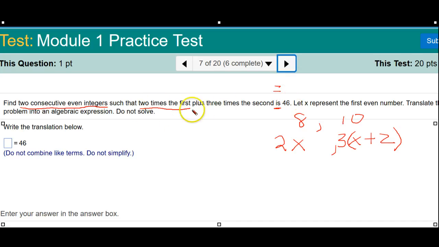So from this background you are to write the equation, and notice they're saying do not combine like terms, do not simplify, and the 46 is already there. So just write this part in the box.